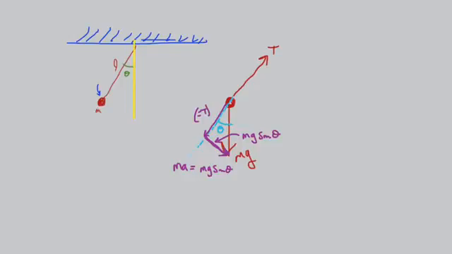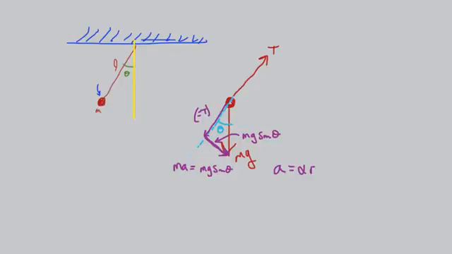But if we want to get this in terms of theta, then we know the acceleration of something is equal to its angular acceleration times the radius. So we can take our angular acceleration, and now all of a sudden we're going to have some sort of relationship to theta.